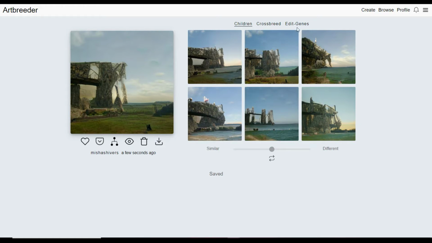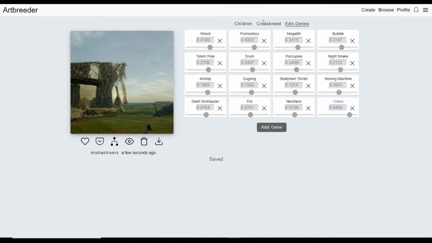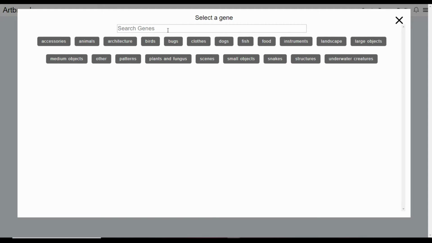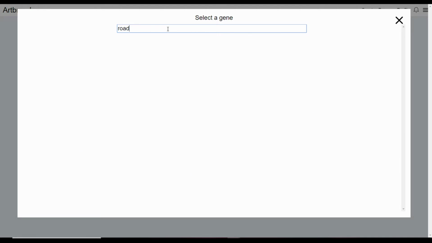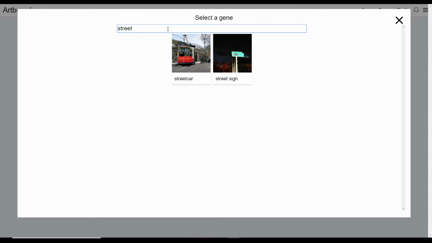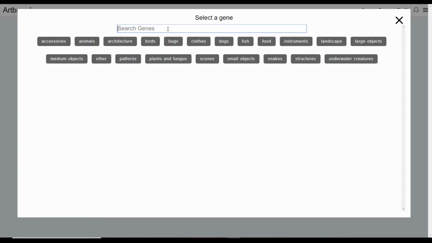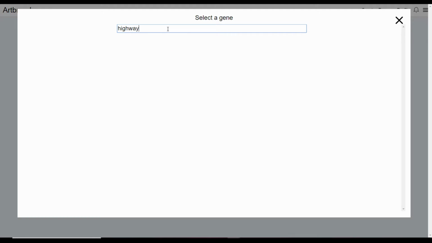I'm not sure I could go about doing that. Although, let's see if there's any gene for road. And see, there's not. We've got streetcar and street sign. Highway doesn't work.